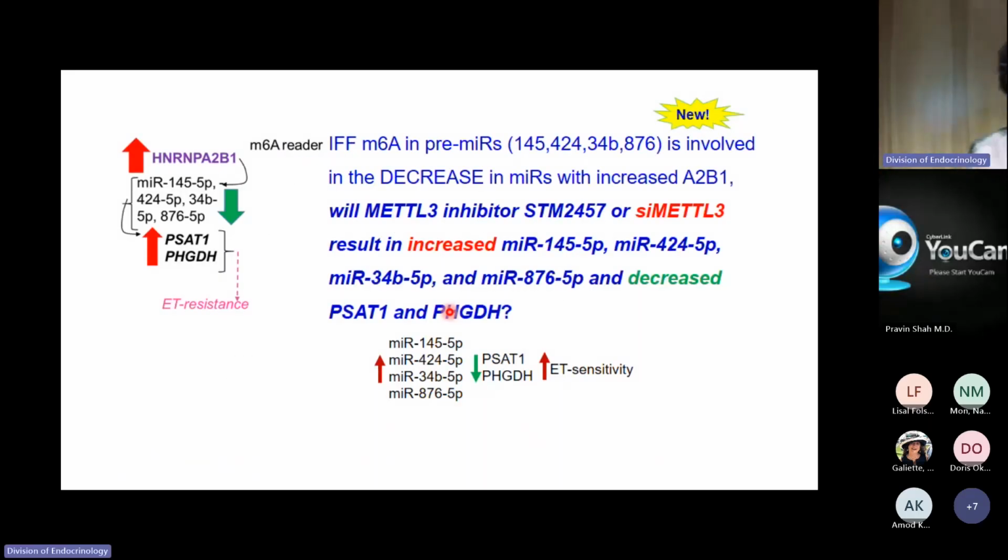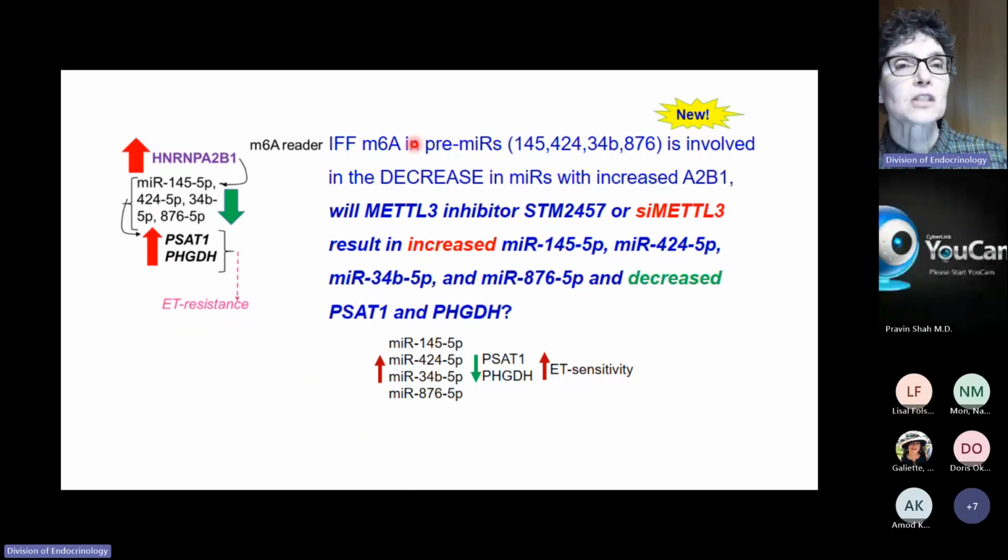So now this is all new. Everything that I talked about for the first 20 minutes or so has been published, but now we're getting into terra incognita. So I've shown that we had an increase in A2B1, a decrease in these microRNAs that target PSAT1 and PHGDH, and that this increase in PSAT1 and PHGDH is involved in endocrine therapy resistance.